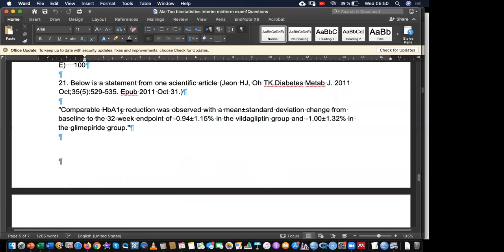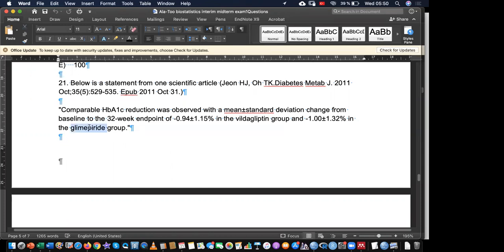Comparable hemoglobin A1C reduction was observed with a mean plus minus standard deviation change from baseline to 32-week endpoint of 0.9 plus minus 1.1% in the vildagliptin group and 1 plus minus 1.3 in the glimepiride group.